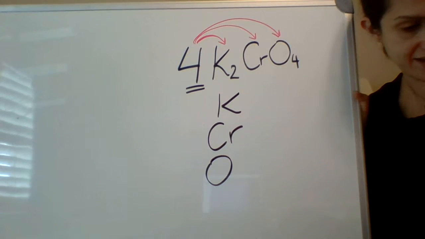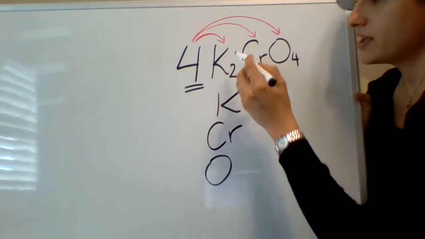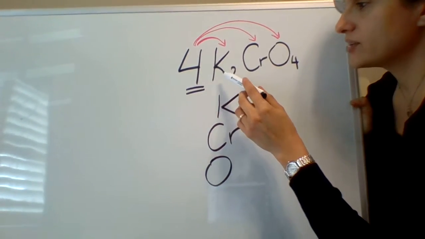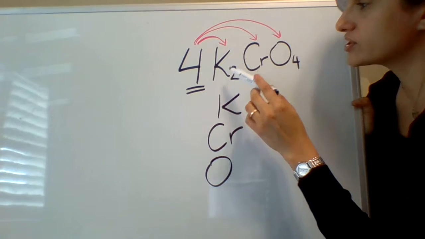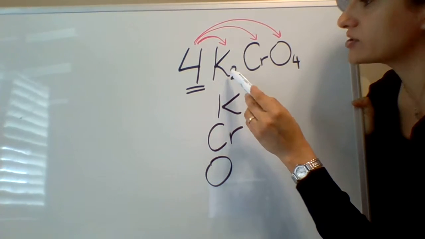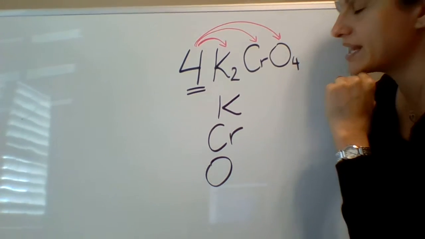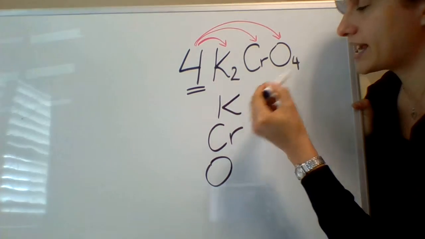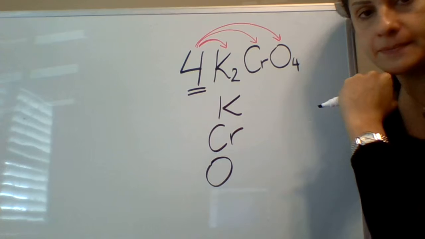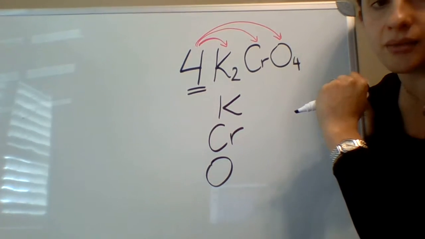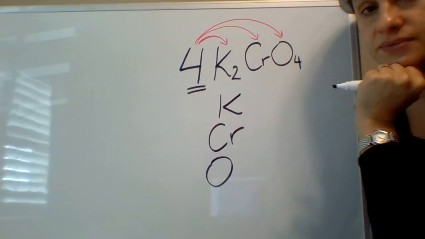So math. Let's do our calculations. We have 4 compounds of K2CrO4. We'll go through the namings a little bit later as to what you would actually call this. So we have 4 of these compounds. And in this case, it's an ionic compound. We have 4 of these ionic compounds.